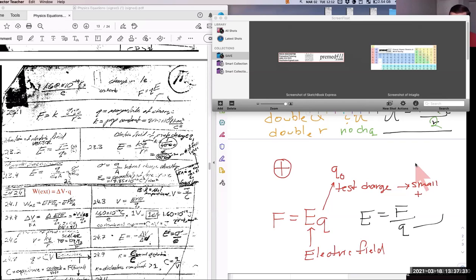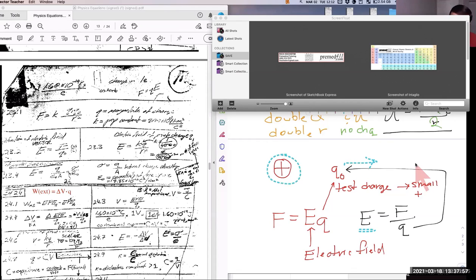The charge is this charge, and the force is something that looks like this, just what we talked about. That's Coulomb's force, Coulombic force. And the strength of the electric field is going to be defined by this charge right over here.